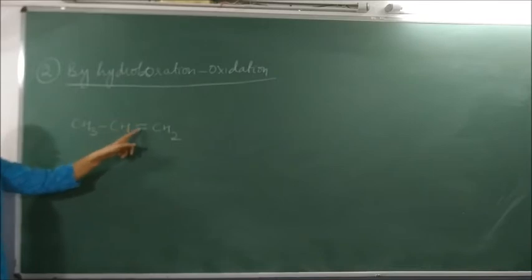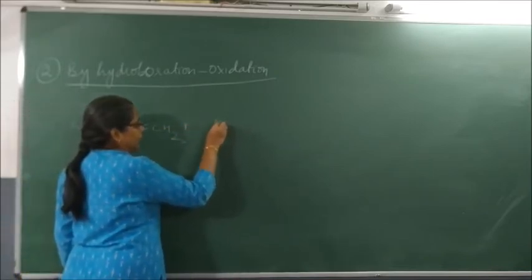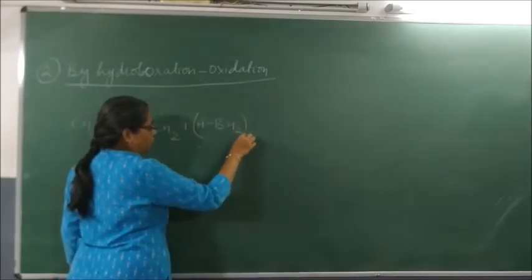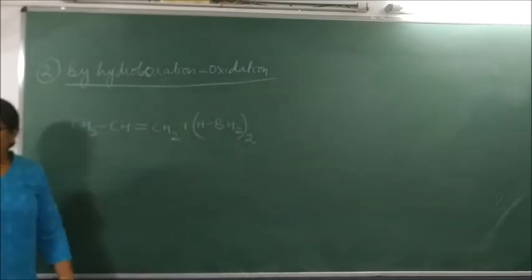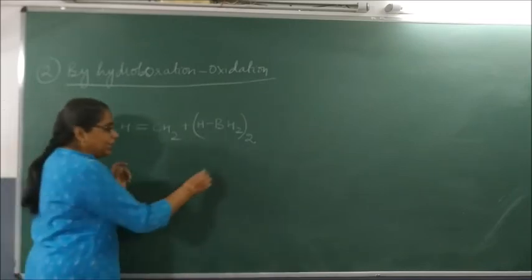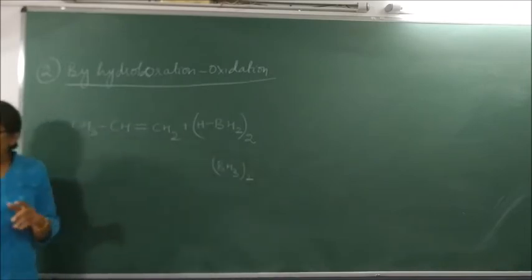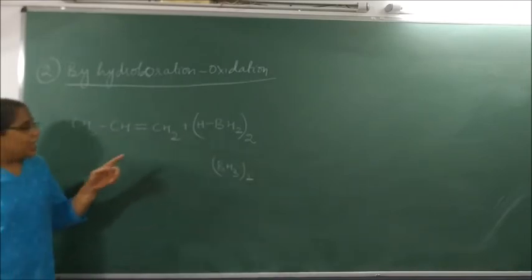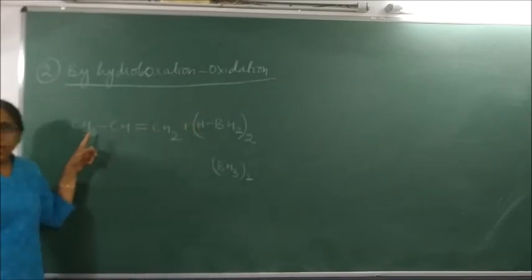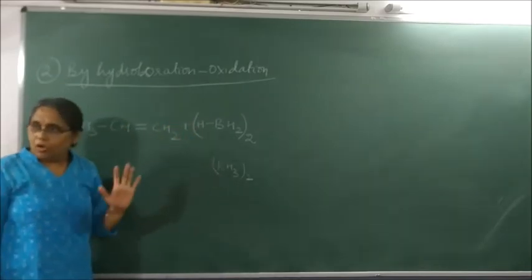I have to react it with B2H6, so I can write this as BH3 twice. BH3 twice is nothing but B2H6. I have removed one H because I have to substitute this H with the alkyl group.